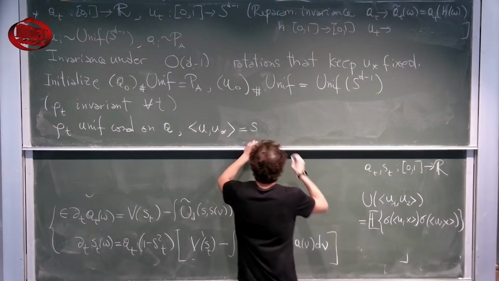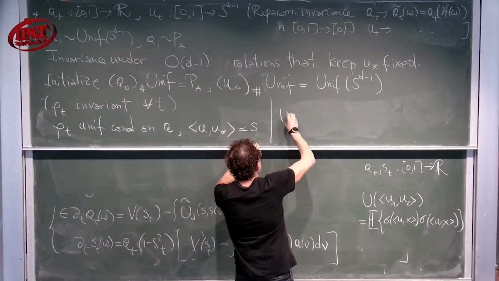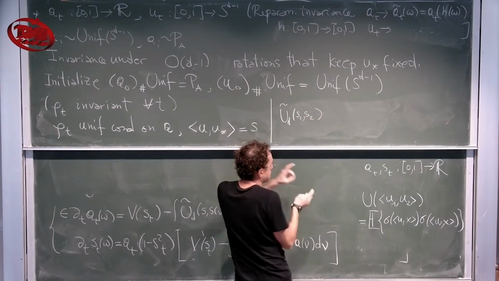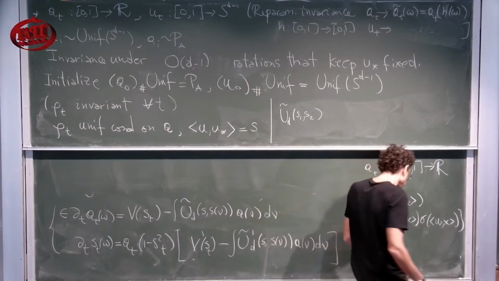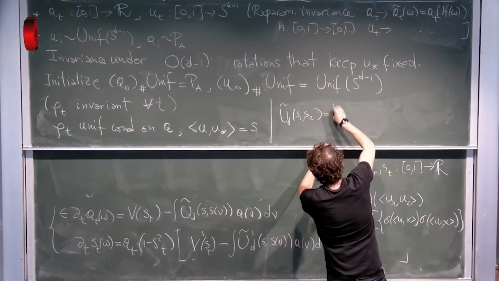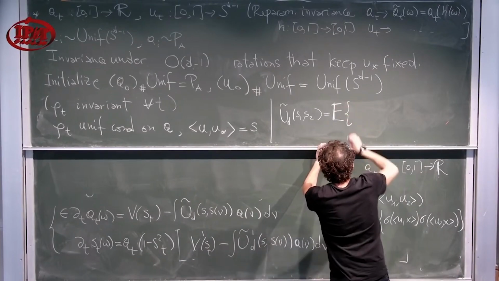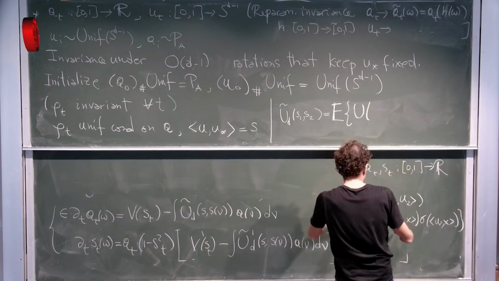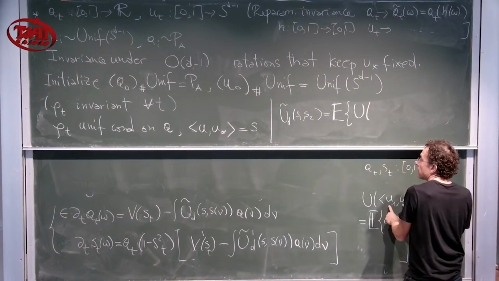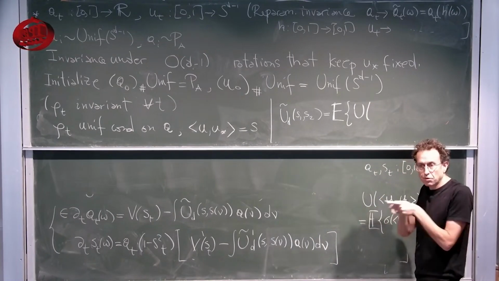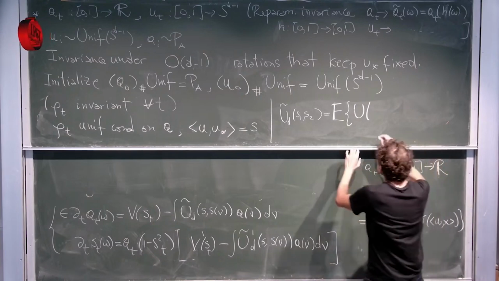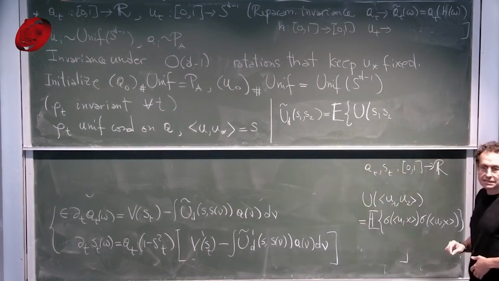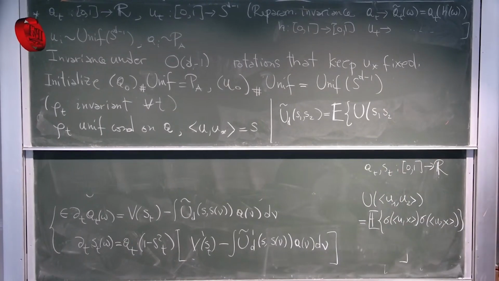So this means that this U tilde of S1 and S2, what's going to be the scalar product? The scalar product has a component along S star, which is S1, S2, and another component orthogonal to S star.